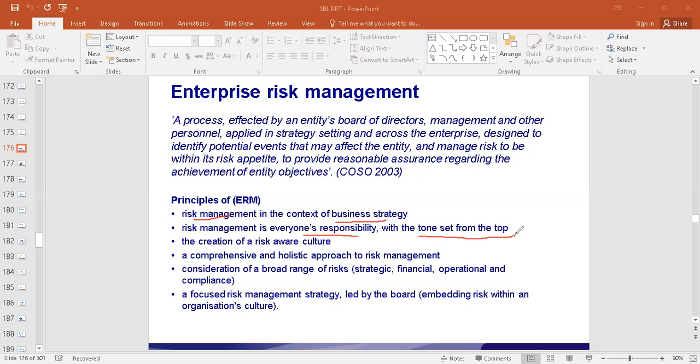If they are not very particular about implementing things effectively, it cannot be implemented. Even if people at the other levels of management are interested and serious about it, it cannot be effectively implemented because the top management are not serious about it.